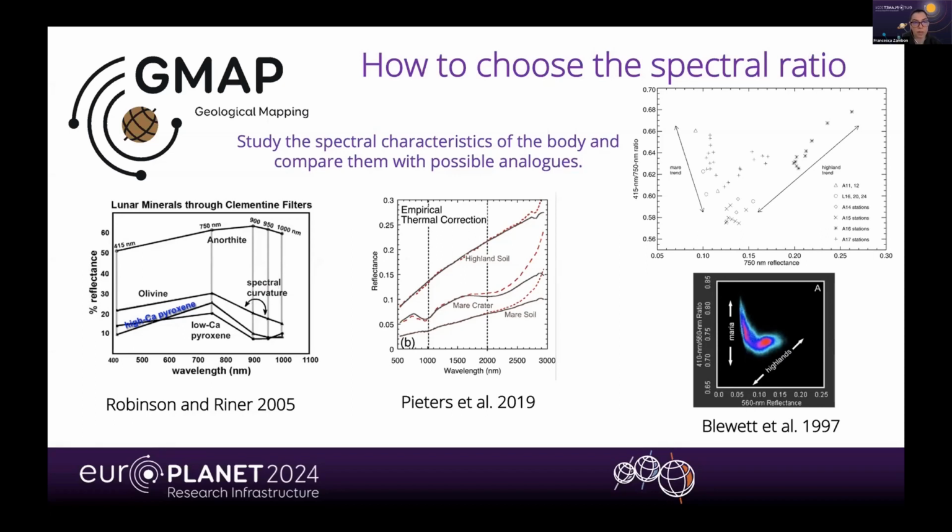It's like a spectrum of these analogs as you could see from Clementine. Each one has different spectral characteristics in different regions of the spectrum between 400 and 1000 nanometers. So by looking at the spectral slope, you can characterize and define the spectral ratio that can be useful to map this kind of phase.